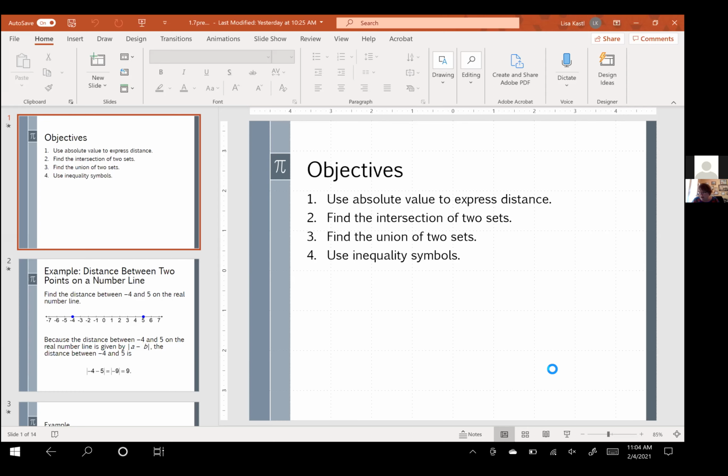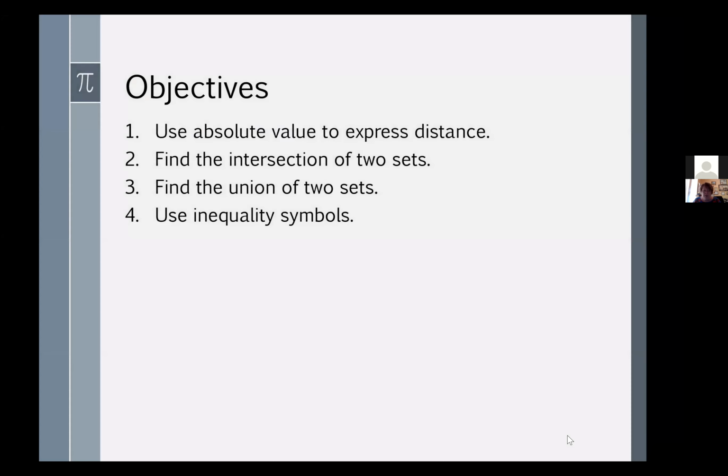So today in the college algebra class, we are going to start discussing absolute value and inequalities. So it's probably a good idea to do a little quick review.